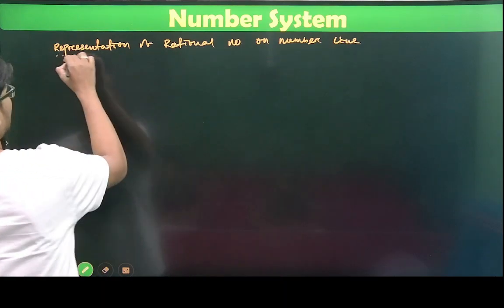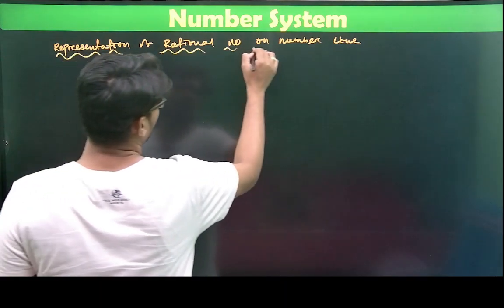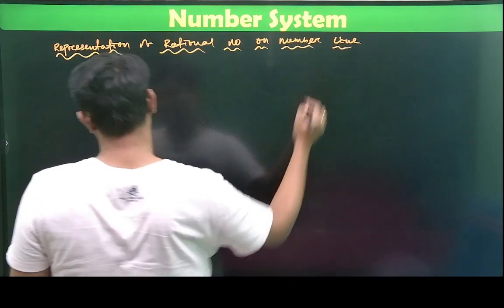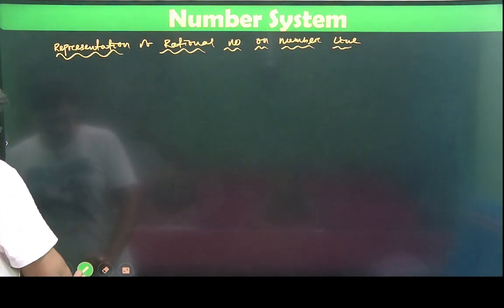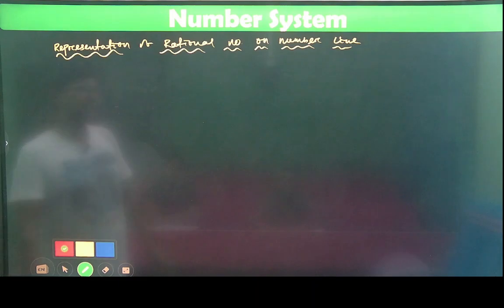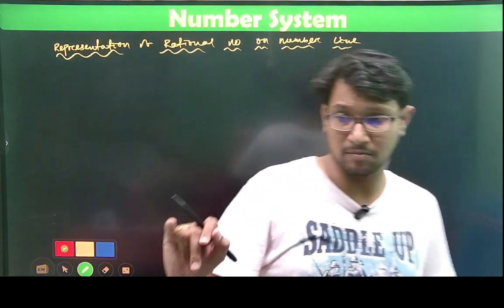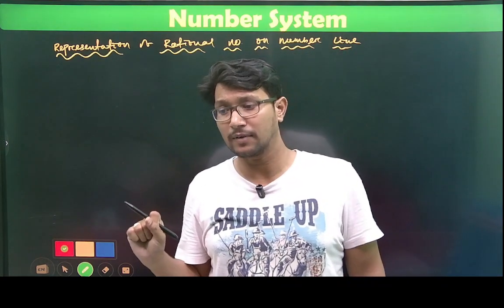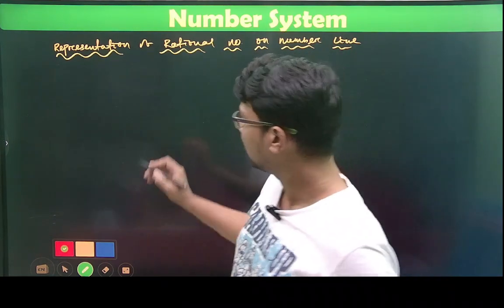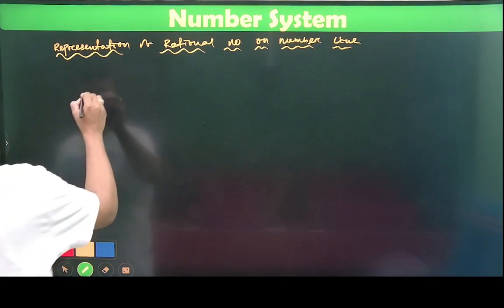Here, representation of a rational number on the number line. To represent a rational number on the number line, there are two kinds of rational numbers.